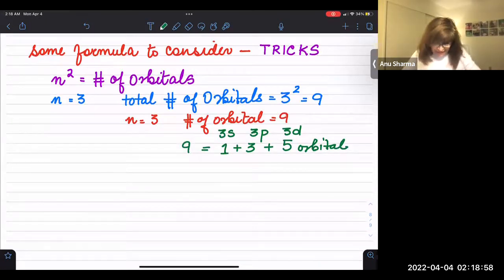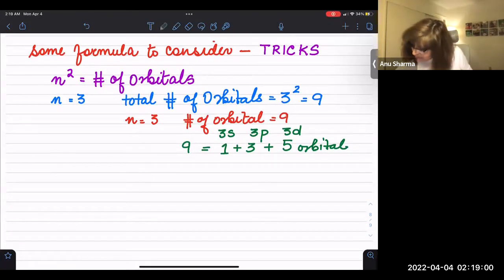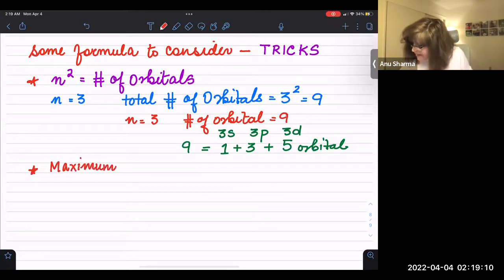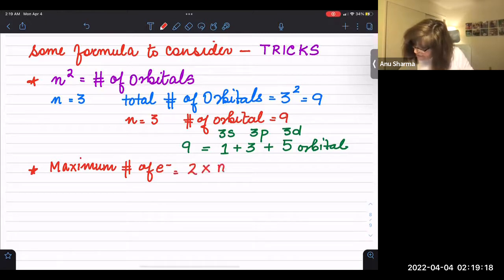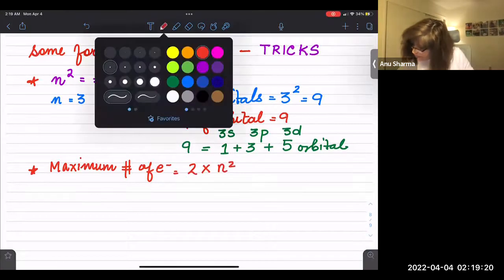Next is the maximum number of electrons that can be had. And the formula for that is 2 times n squared.